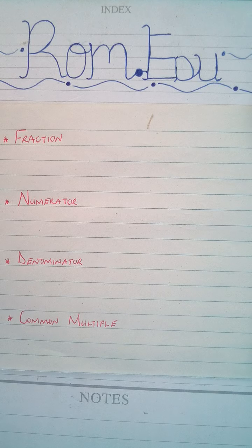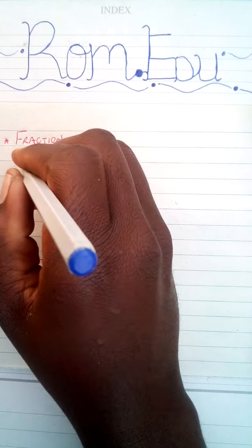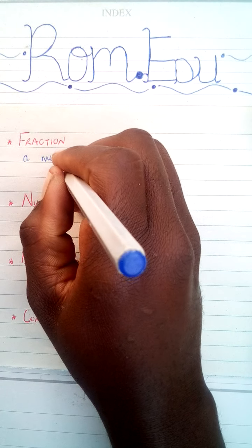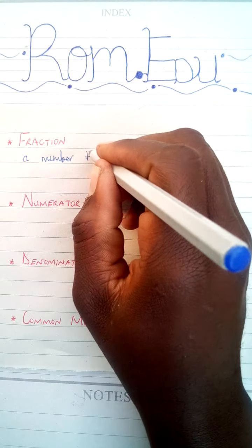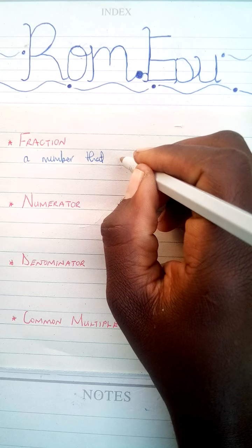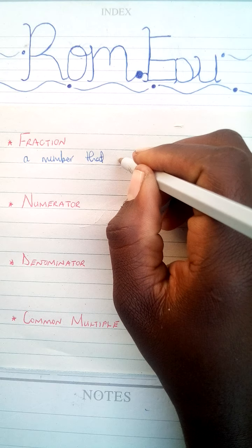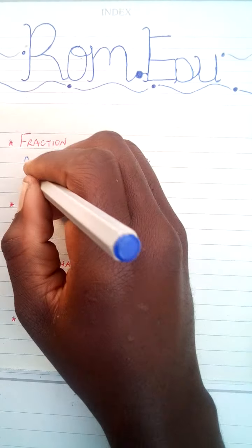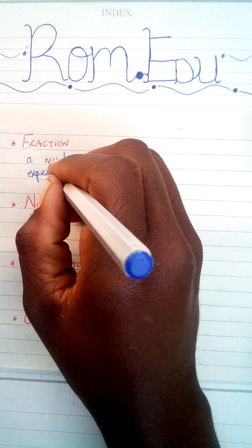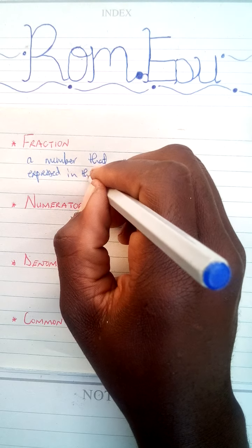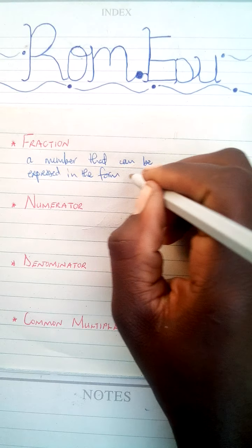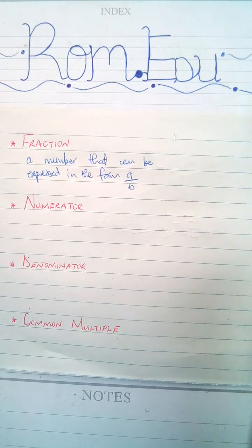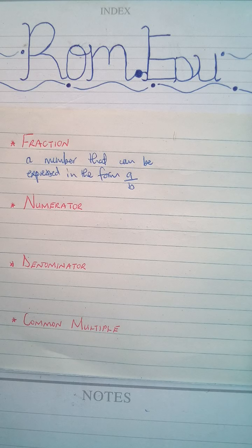When you're talking of a fraction, we're talking of a number that can be expressed in the form a over b. Right, so later on we're going to define what is a and what is b. So this is a fraction.